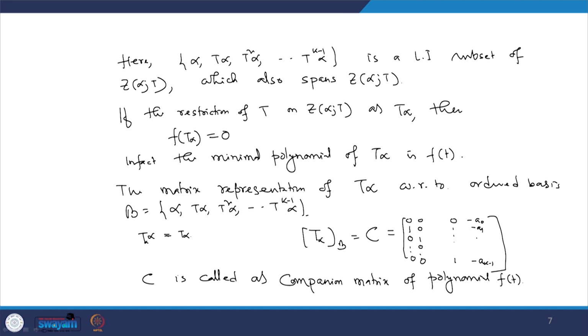Another thing is that this subspace Z(alpha; T) is also T-invariant, because elements of Z(alpha; T) are of the form g(t) alpha. So, certainly T of g(t) alpha will also be inside Z(alpha; T). So, I can say Z(alpha; T) is also a T-invariant subspace.